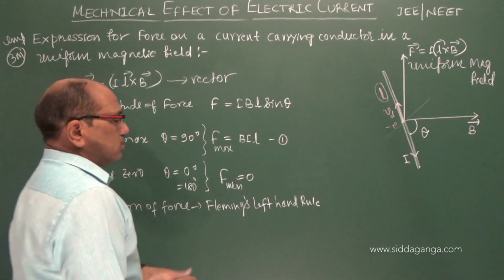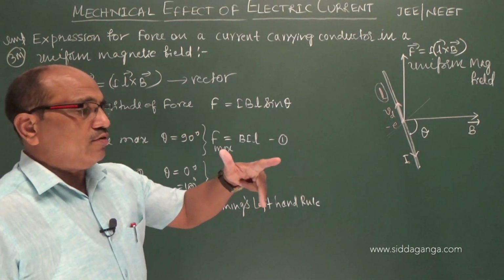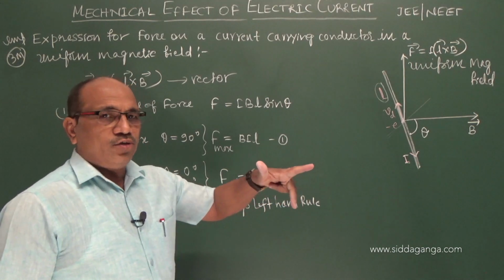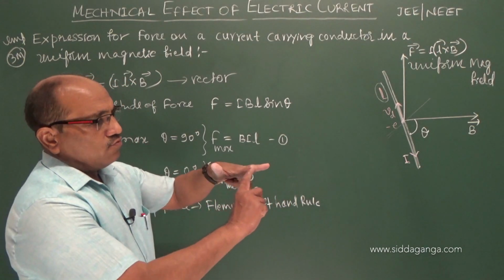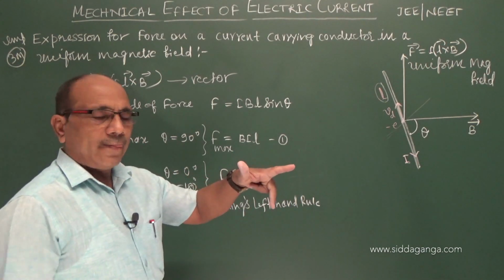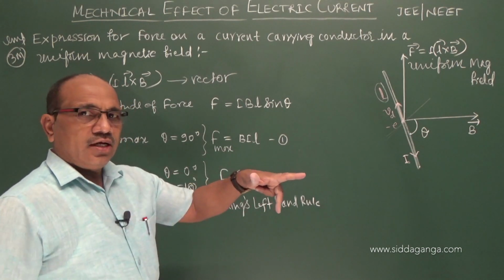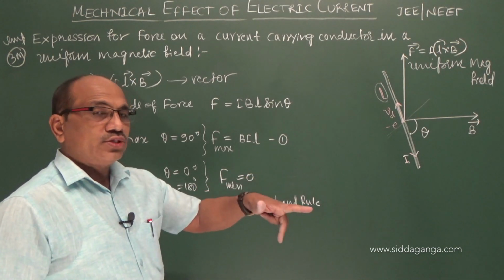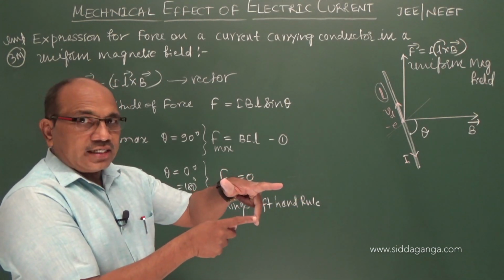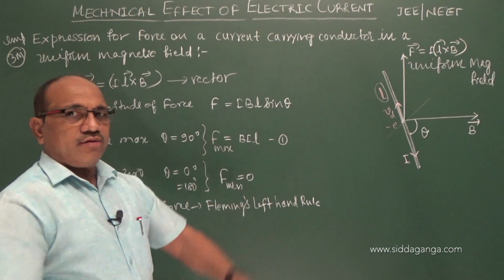You have to stretch the first three fingers of the left hand in three mutually perpendicular directions: forefinger in the direction of the field, middle finger in the direction of the current, then the thumb represents the direction of the force on the current carrying conductor placed in the magnetic field.